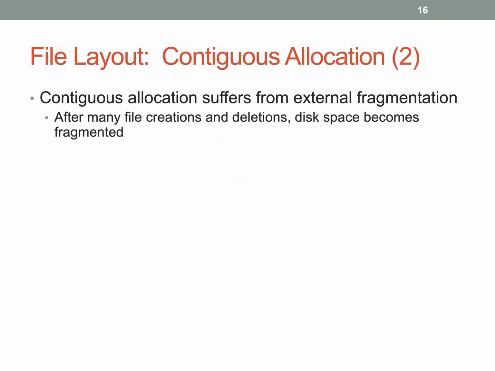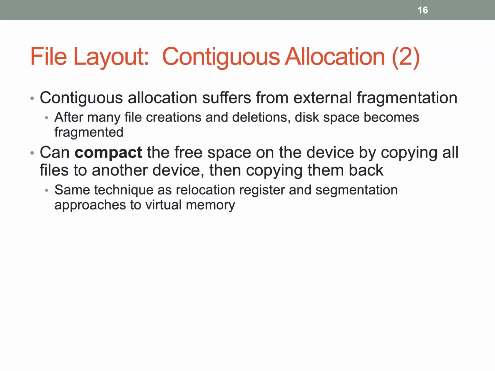One is that we have external fragmentation again, because you say, I need 35 blocks this time. And then somebody says, I need 21 blocks, and I need 4 blocks, and I need 38 blocks. And then stuff gets deleted, and now you have a bunch of space spread out amongst all these files. And so you have to kind of compact and deal with that kind of stuff. So external fragmentation is a big issue with contiguous allocation.